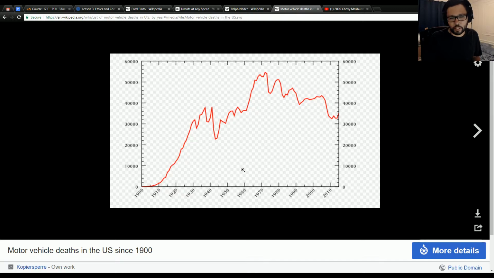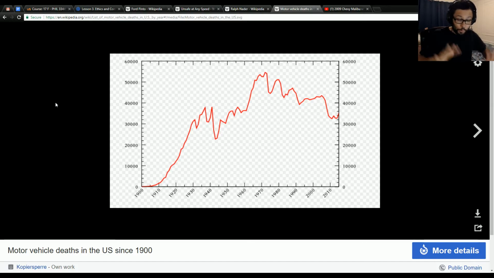But then in the 50s, 60s, and 70s, during the Pinto craze, this spikes to over 50,000. Nowadays, 35,000 people die every year from cars. Back in the 60s and 70s, over 50,000 people were dying every year from car accidents.